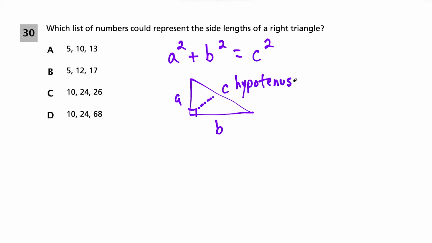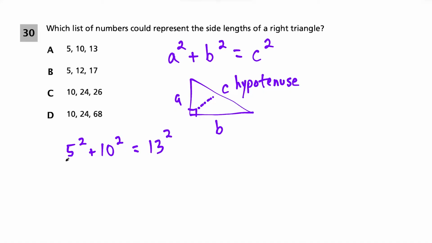So really all we have to do for this one here is plug in the 3 sides into the Pythagorean theorem and see which set of 3 sides actually makes it work. So something like, let's say, choice A is no good. Because if I did 5 squared plus 10 squared, notice I'm plugging in 5 and 10 for A and B, and then I set it equal to C squared, and the hypotenuse, the longest side here, they're going to claim is 13.